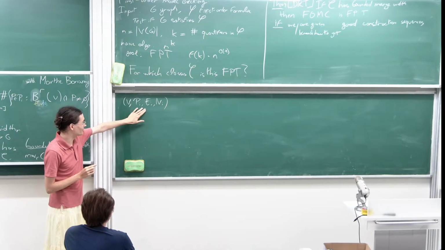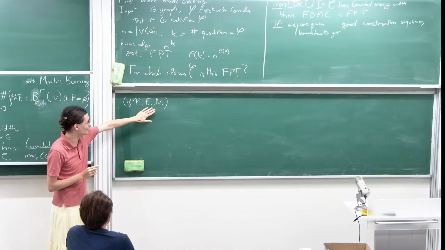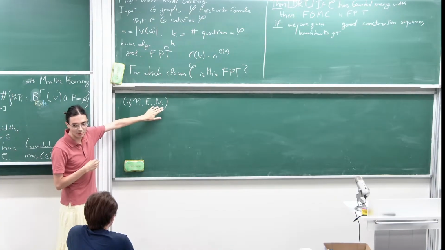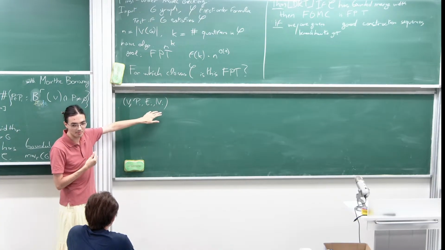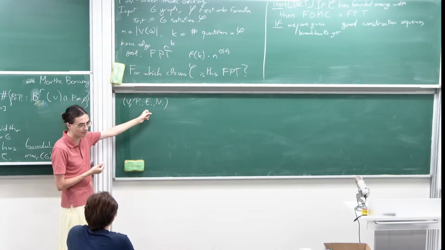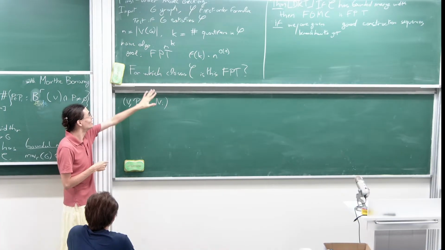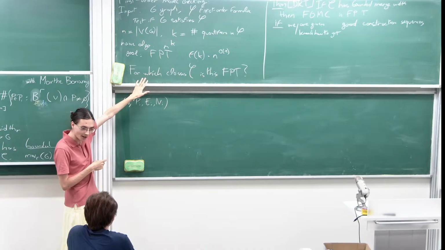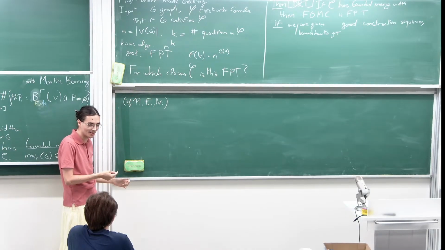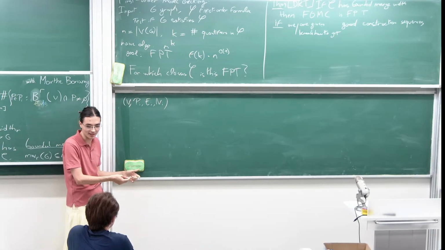Initially, it's a fairly trivial structure. The partition is into singletons. This is empty. And what you want to do is solve this problem by dynamic programming over this sequence. So you start from the first structure, where solving this will be trivial on an empty graph, and you update it when going to the next step.